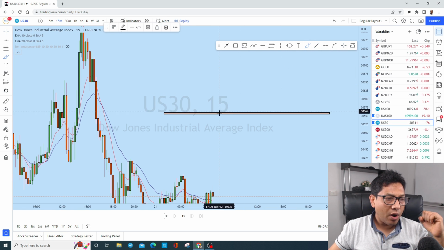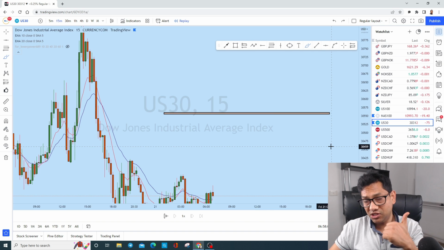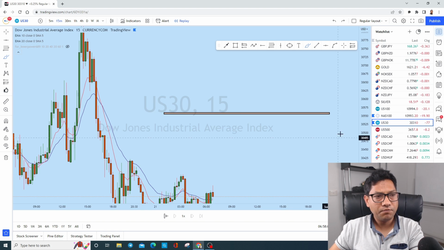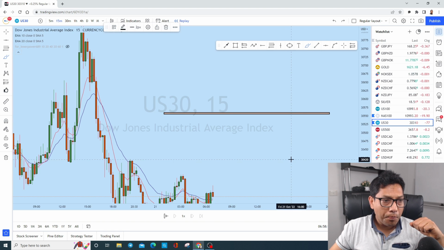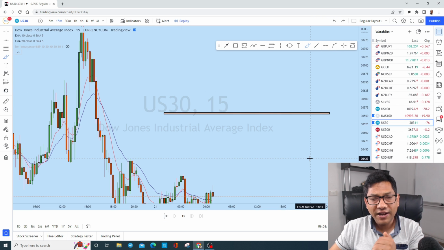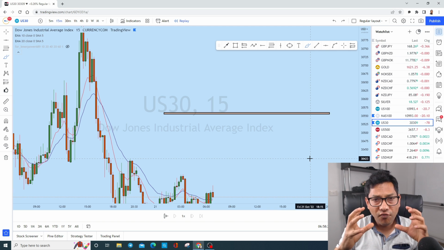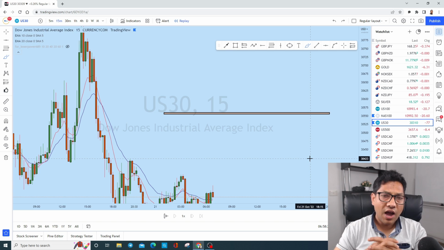Once you found that support and resistance, wait for the lower time frame, such as the 5 minutes or the 1 minute, whatever time frame you are scalping. Wait for price to penetrate that support and resistance, invade that level, create a false breakout, and then wait for a strong rejection from the zone for a very, very high probability scalping setup.